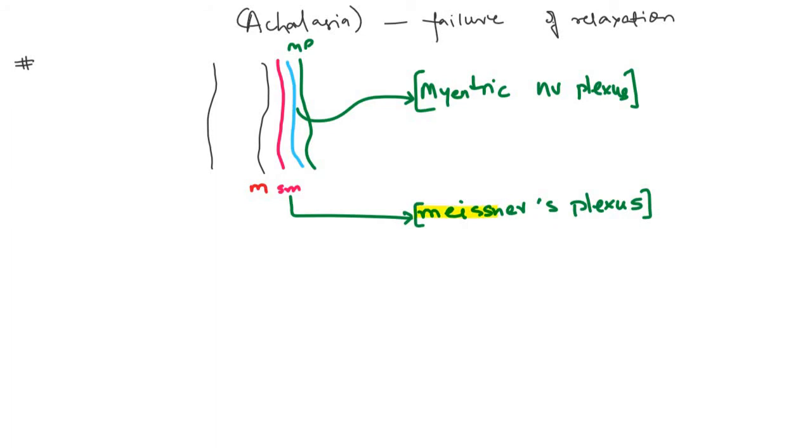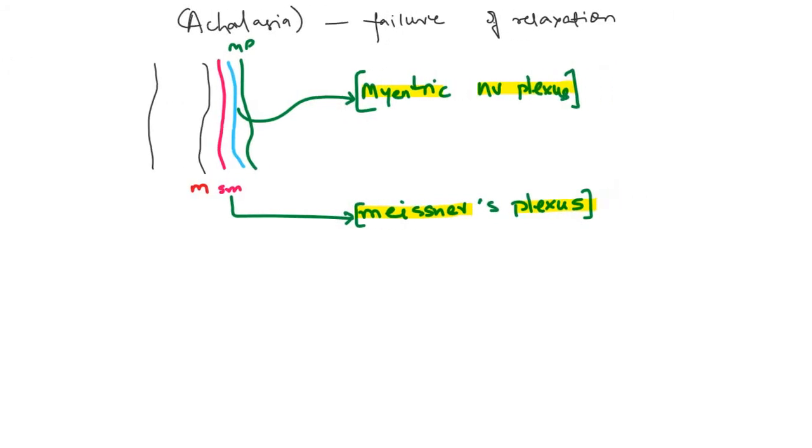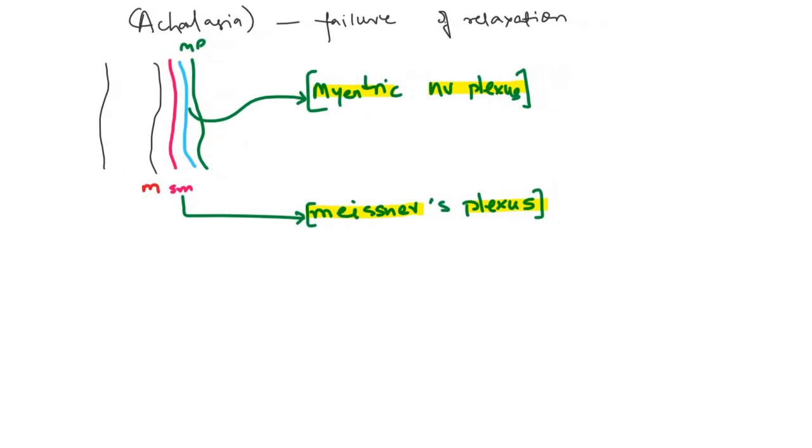Now in order to understand further, you need to know the functions of the myenteric nerve plexus and the functions of Meissner's plexus. The myenteric nerve plexus controls motility. It will control the motility of the esophagus, the peristaltic movements and peristalsis within the esophagus.